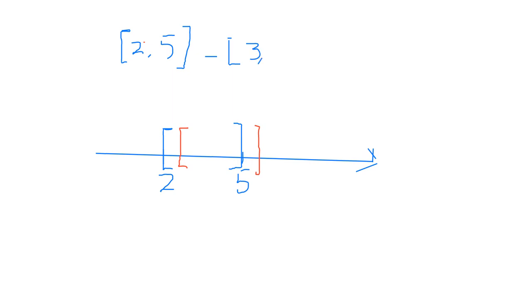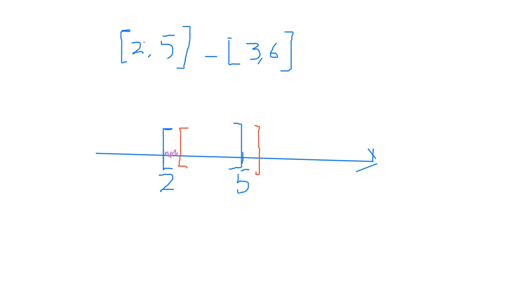That means those real numbers in the set of 2 to 5, but not in the set of 3 to 6. Nino is saying, okay, I see the numbers are here. Let me use purple color. Those numbers are in the interval of 2 to 5, but not in 3 to 6.